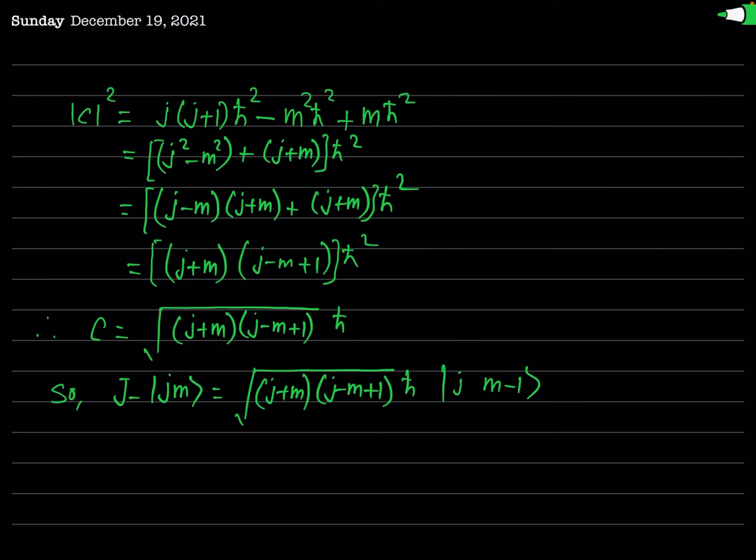So in this way we have defined this new state, and we have also obtained the eigenvalue and eigenfunction for the operators j square and jz when you consider that J minus ket jm is the eigenstate. This is just the identical result for the state J plus ket jm, only there is a difference that instead of m we write minus m.